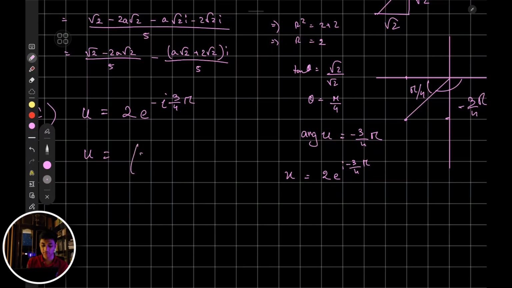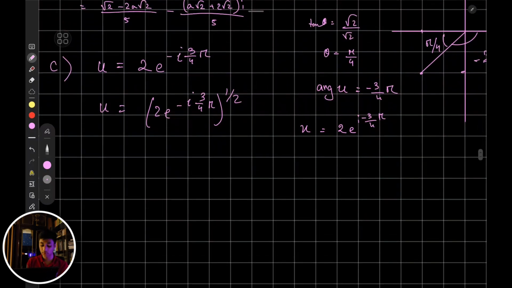So if that's the case, root 2 times e will have a power of half. Due to the indices rule, if you remember, the powers are going to multiply.